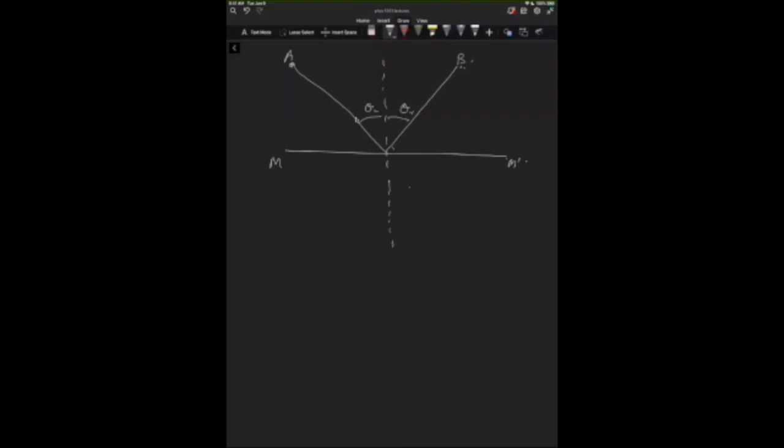Okay, and remember our process for doing this is to consider all the possible paths that go from A to B and that hit the mirror. Of course, the shortest possible path between A and B is simply a straight line that connects A and B directly.